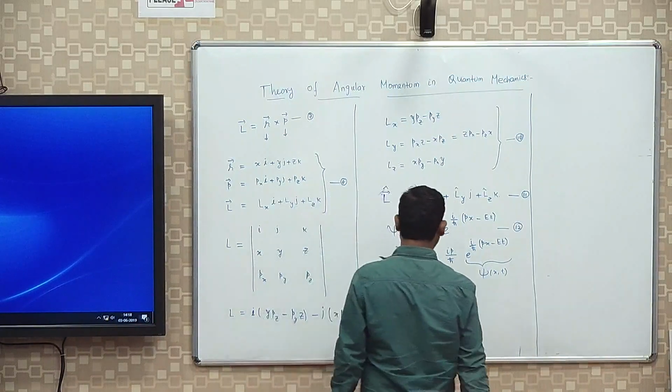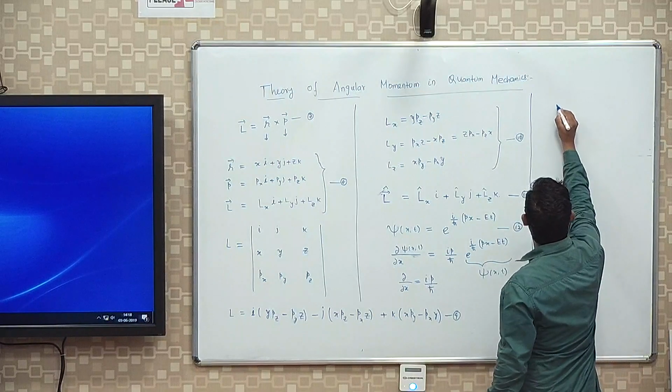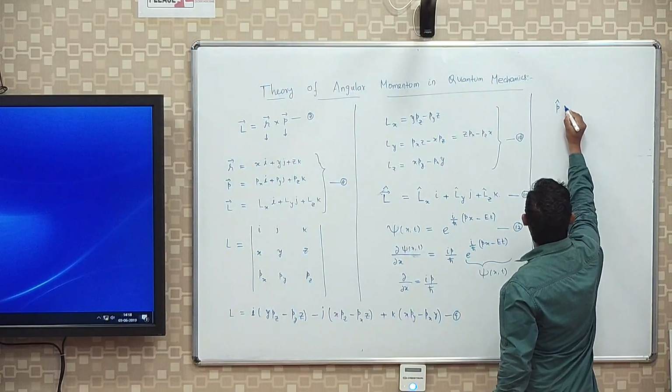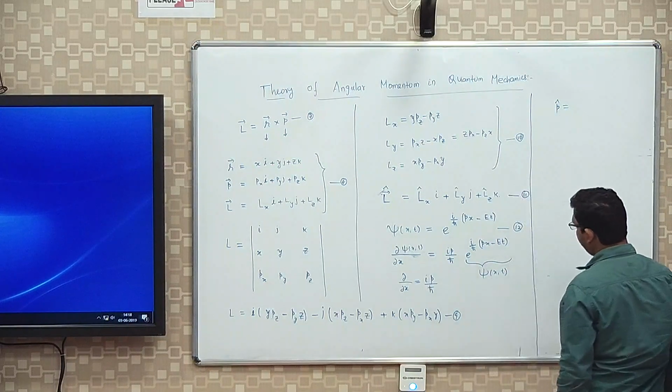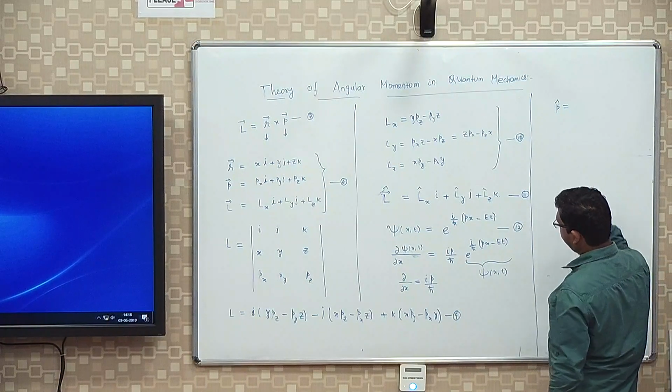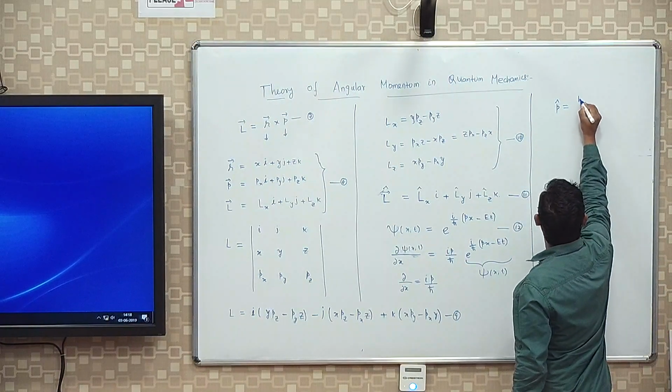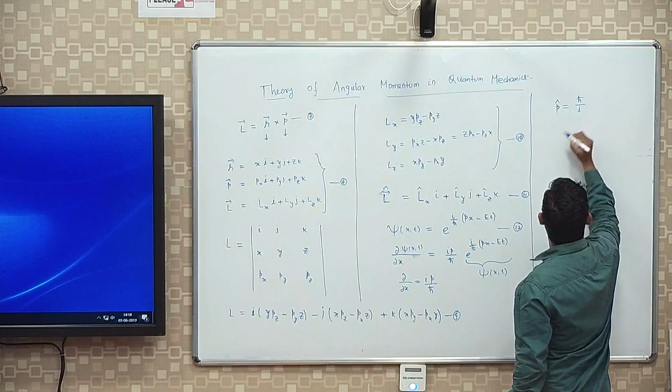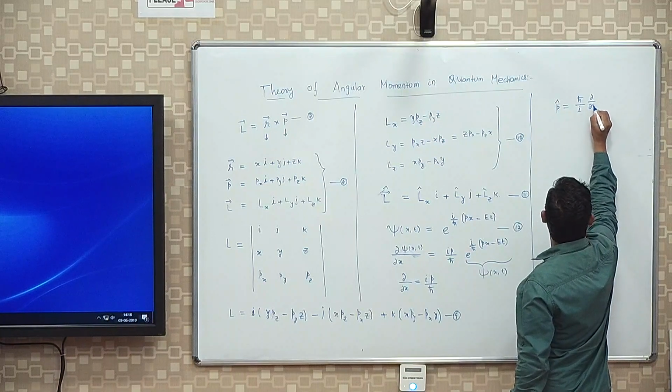From this expression we can get the linear momentum p operator equal to h cross divided by i dou divided by dou x.